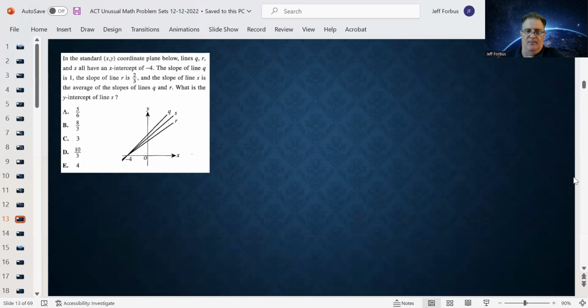In the standard coordinate plane, lines Q, R, and S all have an x-intercept of -4. We already knew that. The slope of line Q is 1. So Q has a slope of 1. The slope of R is 2/3.